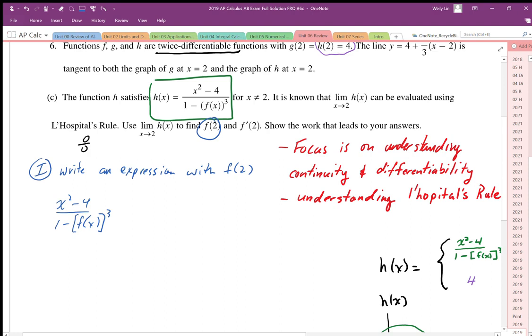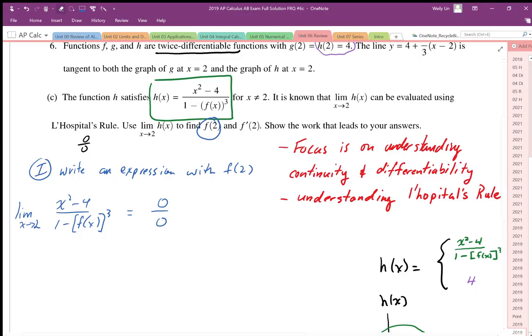Now the fact that we can use L'Hopital's rule means that when we do the limit of this expression as x approaches 2, we should get a 0 over 0 expression. Okay, and that's true for the numerator. We can see if I plug in x is 2, I get 0 in the numerator.